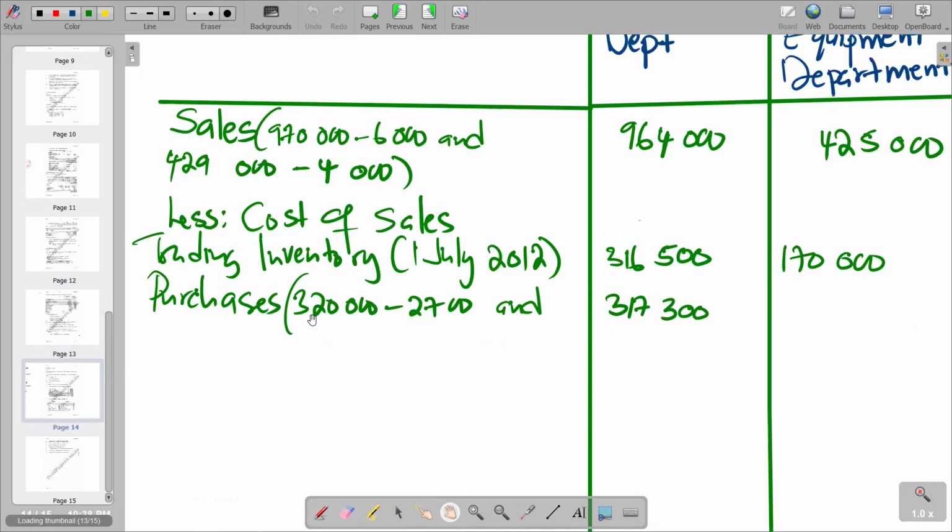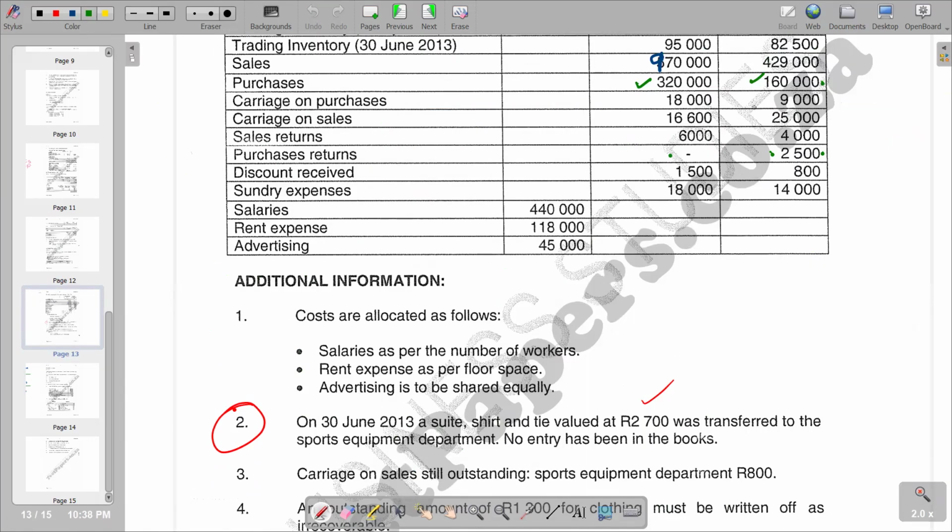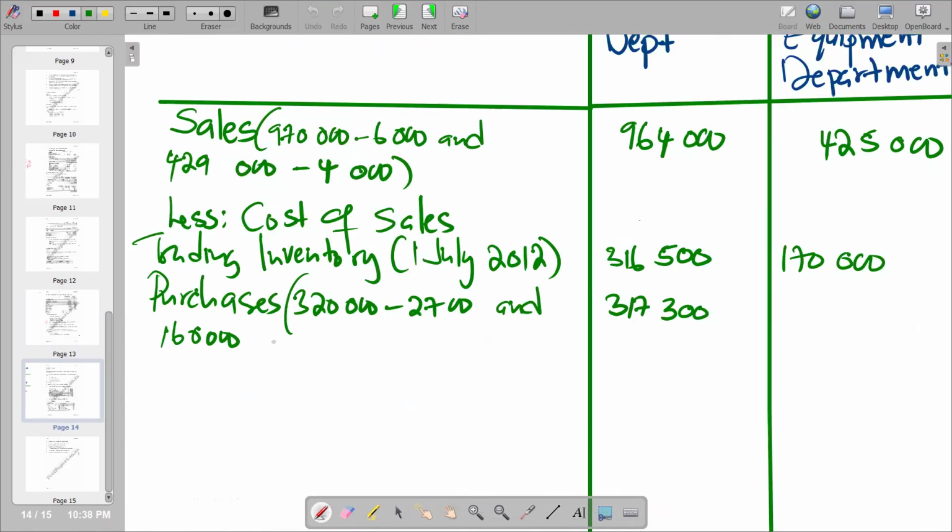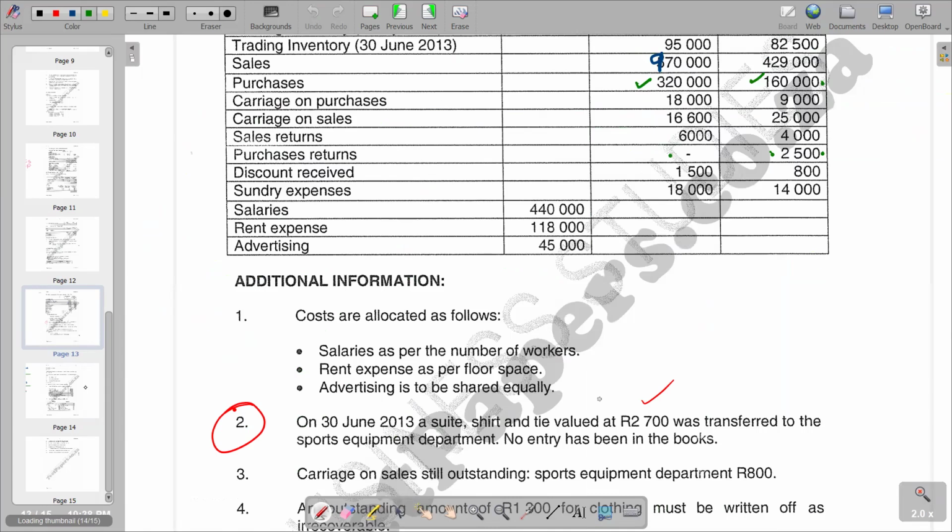So we just show that calculation whereby we are saying 160,000 is indicated, then you subtract 2,500, then you add the additional that we have here, 2,700.